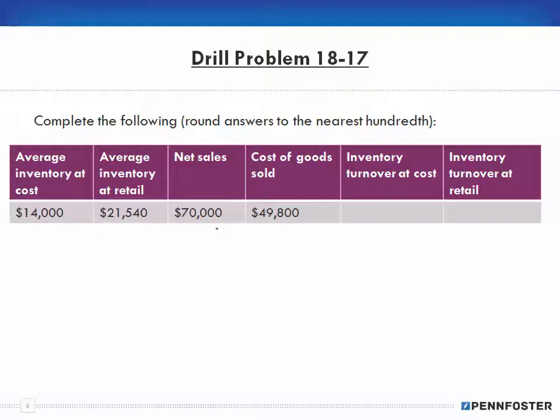So we have net sales of 70,000 and cost of goods sold, which leads us into inventory turnover at cost and inventory turnover at retail. So what's our inventory turnover at cost? That's our cost of goods sold over our average inventory at cost.